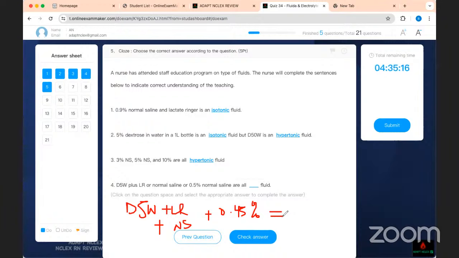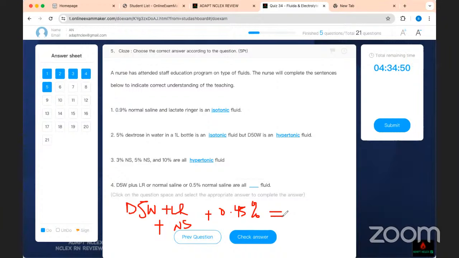You take 5% dextrose in water and pour it in lactated Ringer's, which is an isotonic fluid, there is no way the concentration will go down. The same thing, if you pour dextrose in water into normal saline, there's no way it's going to be hypotonic or isotonic. You've added too much to it.